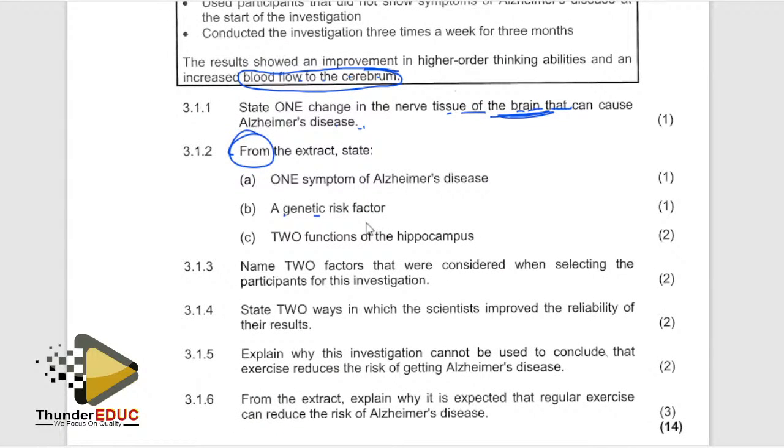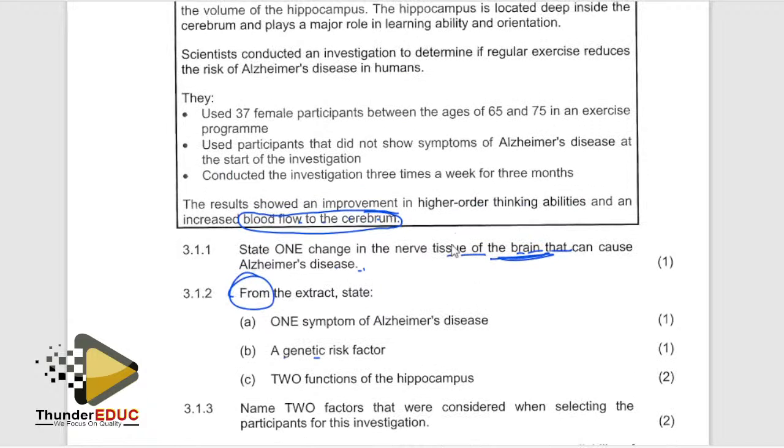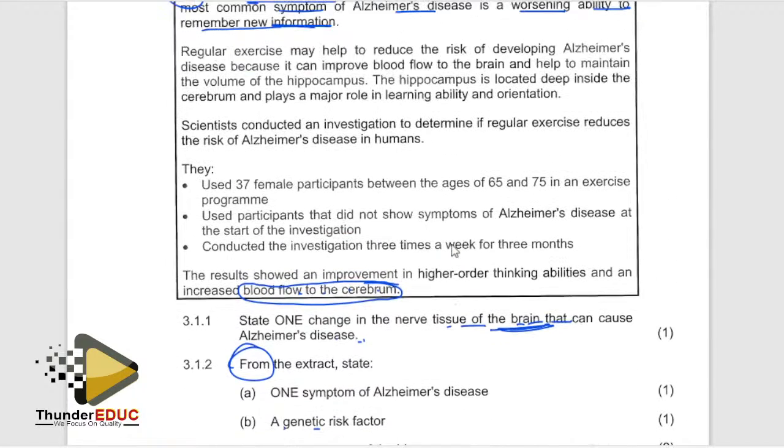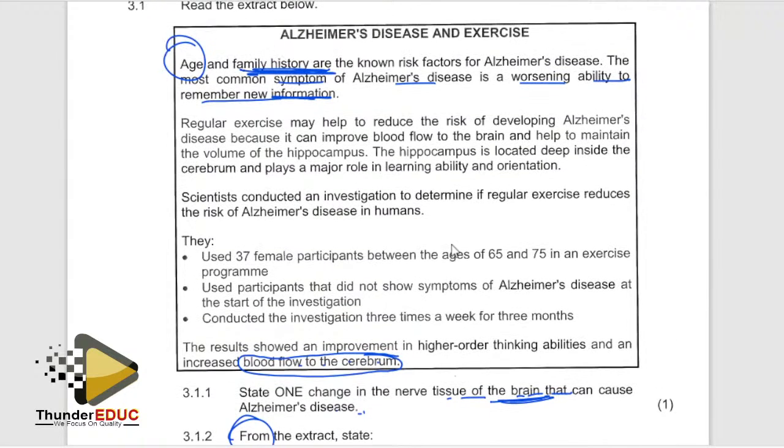Then they are saying, state 2 functions of the hippocampus, whatever. 2 functions of hippocampus. Then you come back here and you find out what is hippocampus. They are saying that regular exercise may help to reduce the risk of developing Alzheimer's disease because it can improve the blood flow to the brain and helps to maintain the volume of hippocampus.